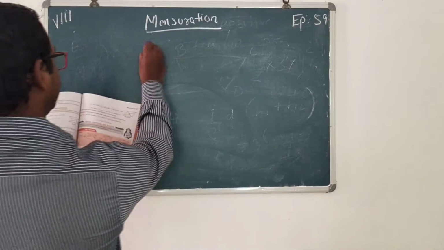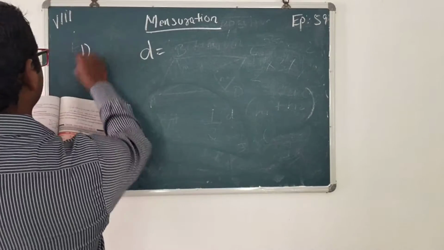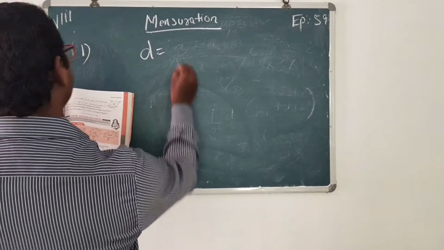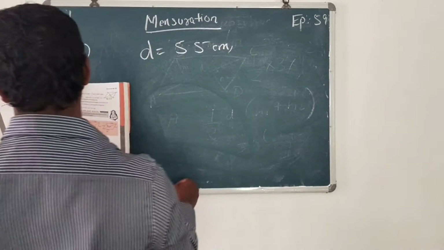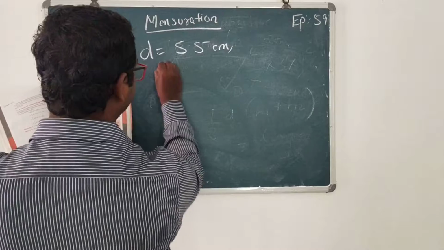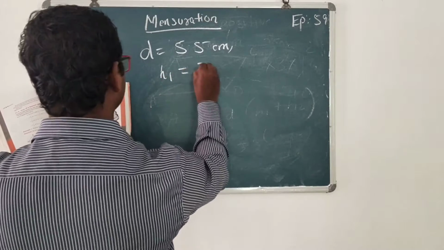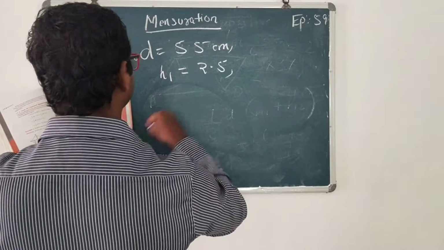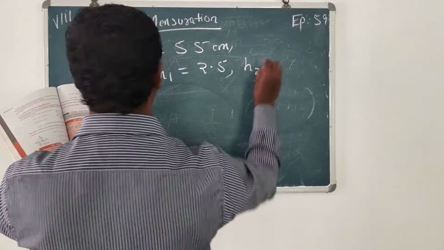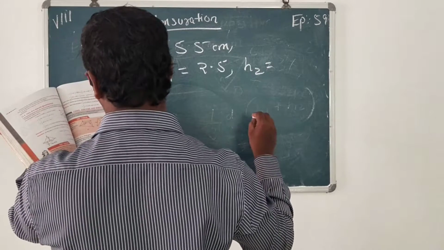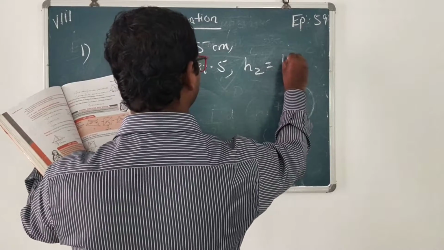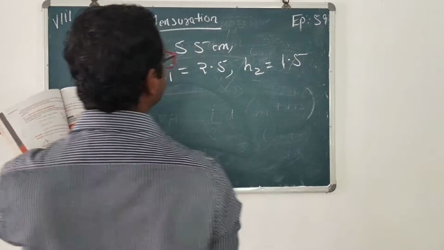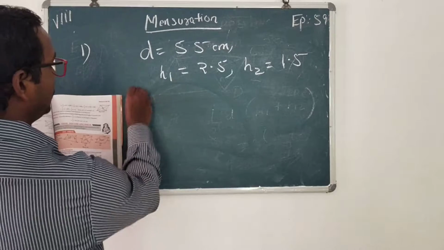So the diagonal is 5.5 centimeter, height 1 is 2.5 centimeter, and height 2 is 1.5 centimeter. So let us put this into the formula.